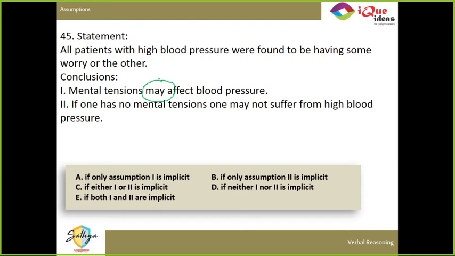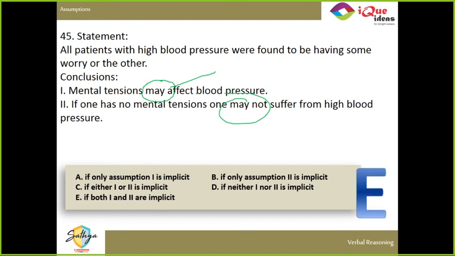So first, somewhat true. And if one has no mental tension, then one may not suffer from high blood pressure. The word may tells you that that assumption can never be wrong. They are not saying it is compulsory. They are saying it is possible, and the possibility always exists. It is not impossible. The word may makes both of these assumptions acceptable ones.